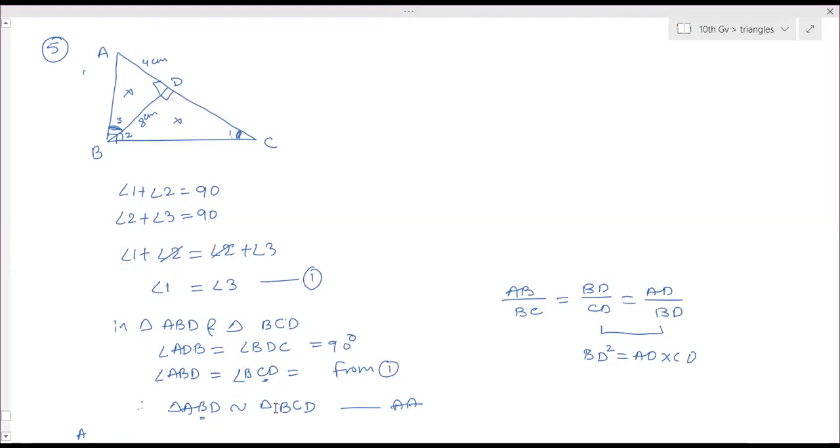So angle equality, you have to check it. In place of the equal vertex, the equal vertex should come. Any other doubt? No, ma'am.